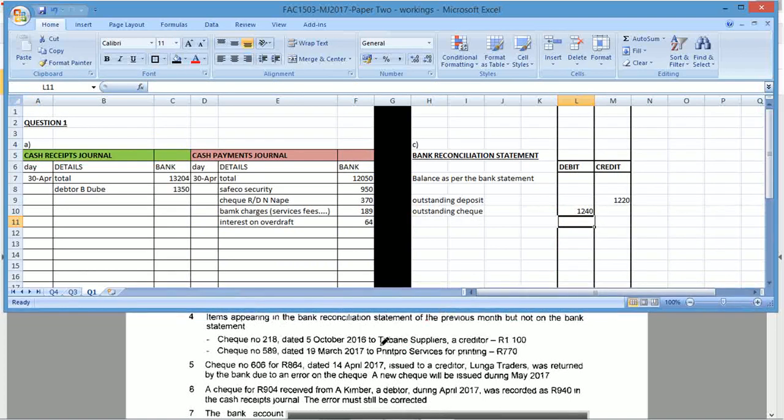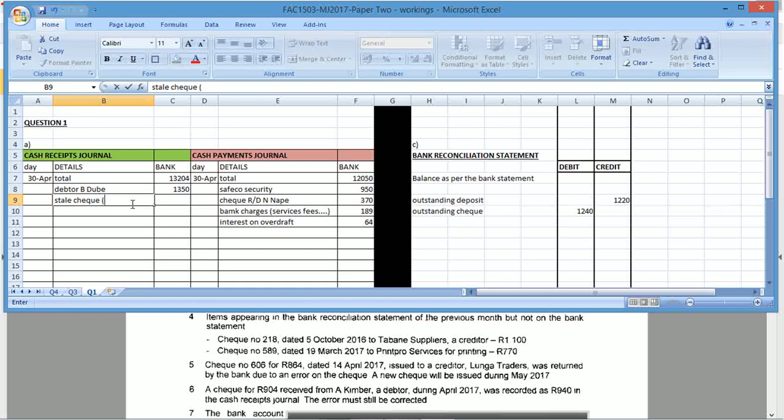Next, items appearing on the bank reconciliation statement of the previous month, that means last month, not on the bank statement this month. Check number 218 dated 5 October 2016. That's a long time ago. Do you agree? Okay, that's a stale check. Stale checks always go to the cash receipts.